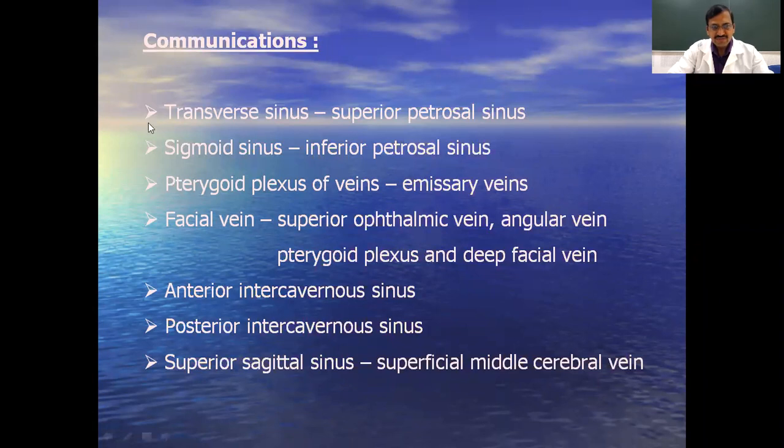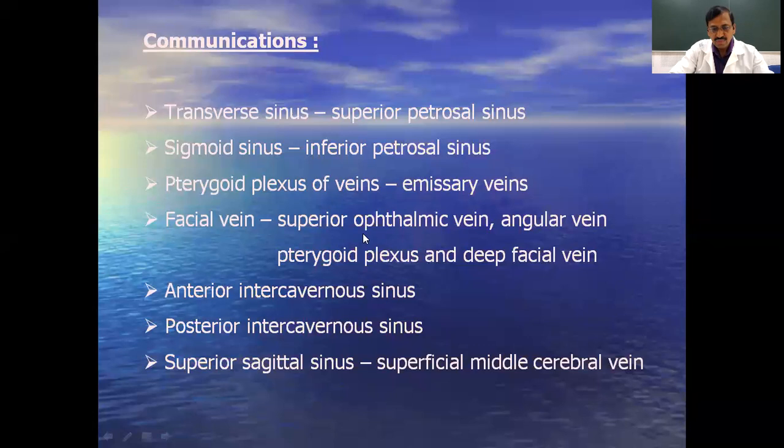Okay, it communicates with the transverse sinus through the superior petrosal sinus, and with the sigmoid sinus through the inferior petrosal sinus. The pterygoid plexus of veins is also communicated through emissary veins, and it also communicates with the facial vein. Already we discussed in the last class that the facial vein communicates with the cavernous sinus through the superior ophthalmic vein, angular vein, pterygoid plexus, and deep facial veins.